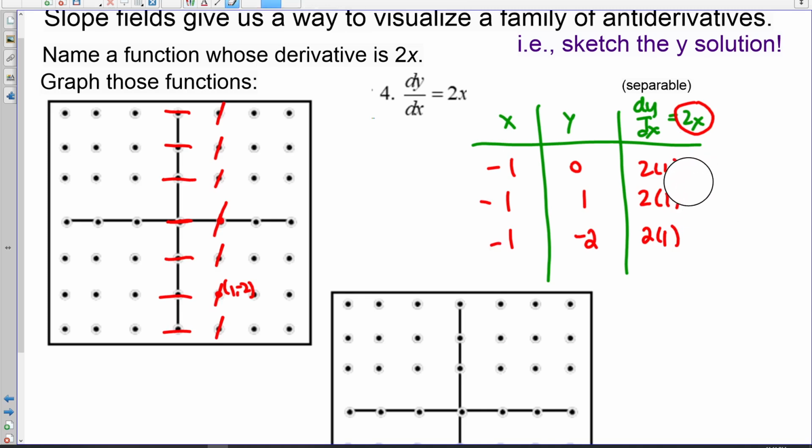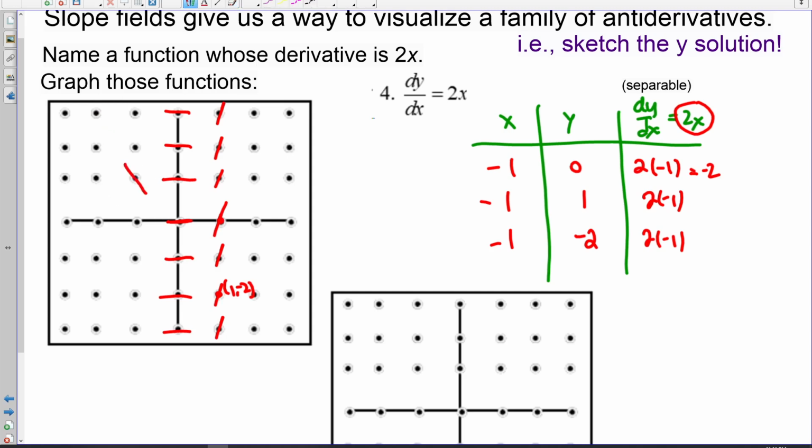Then my slope field would be negative 2, right? It'd be 2 times negative 1, which would be negative 2. So a negative 2 slope would look something like this, right?